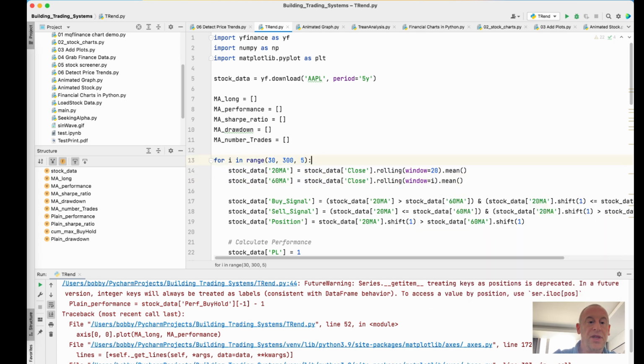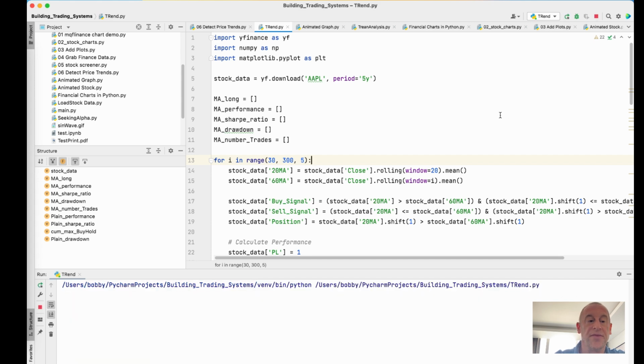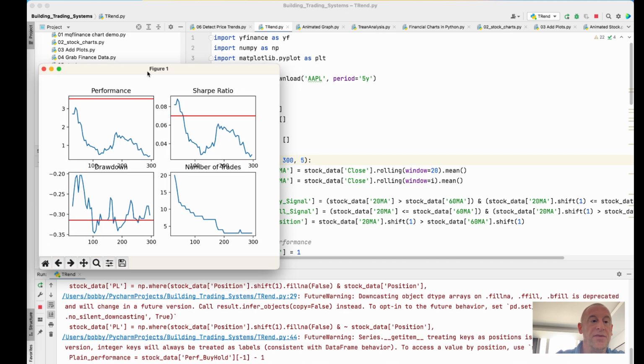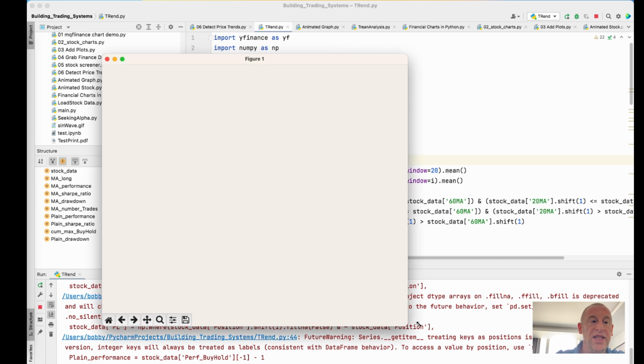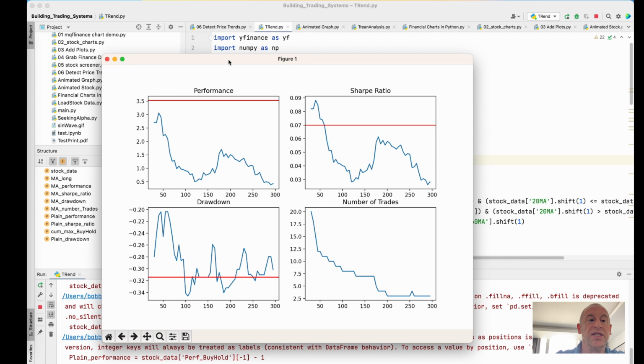And then I calculate all ranges from 30 to 300 days, and let's see the results. Yes, I got some error messages because of the NA handling, but let's check the results.